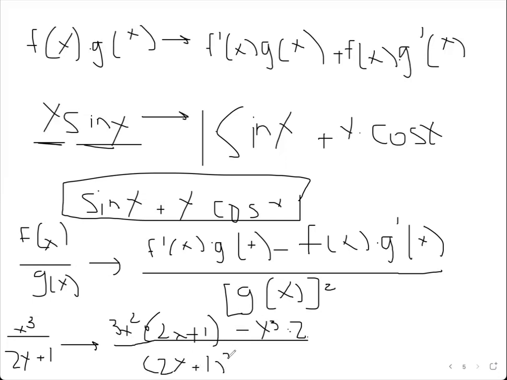Now we can do a bit of simplifying here, and we get in the denominator, first of all, we use the square of binomial. We get 4x squared plus 4x plus 1. And then in the numerator, we get 3x squared times 2x, which is 6x cubed.